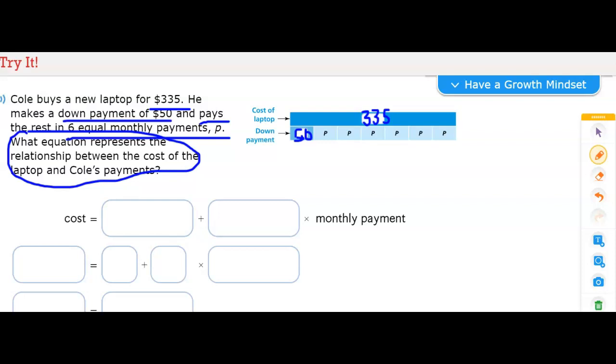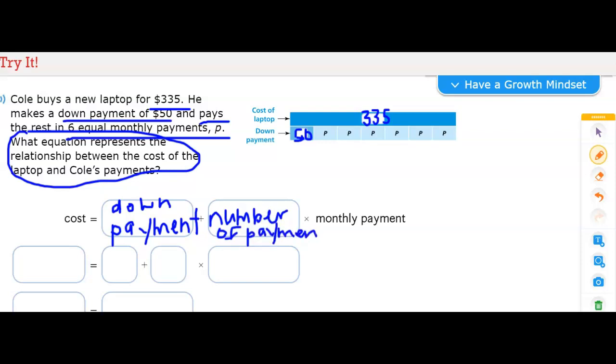So the cost, again, is equal to the down payment and the number of equal payments times the monthly payment.